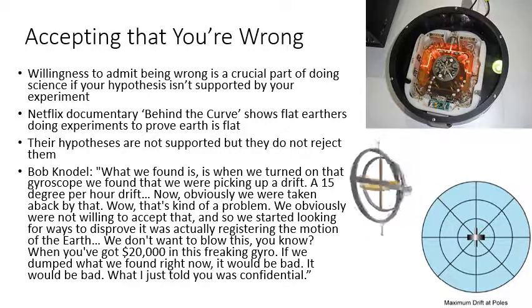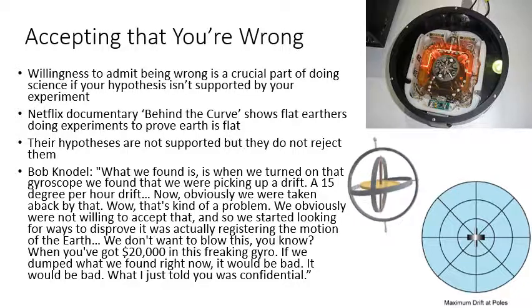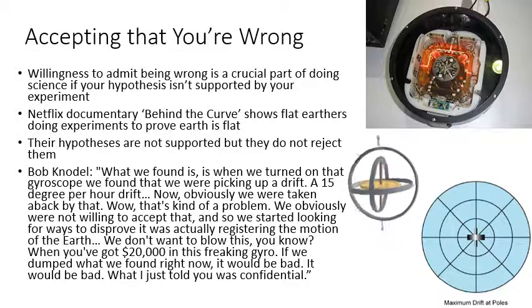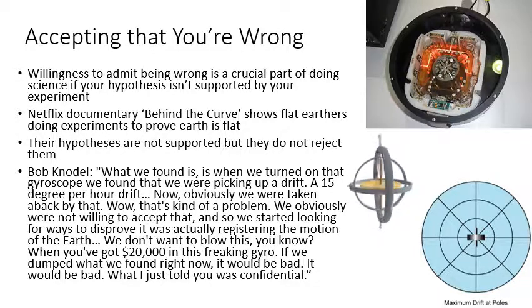And of course, when they get results that do not support their hypothesis that the earth is flat, in general, they don't reject their hypothesis. They don't accept their results. Instead, they say that something must have been wrong with the experiment, just something went wrong somewhere, the earth is flat, and we know that, so it doesn't matter what these results say.